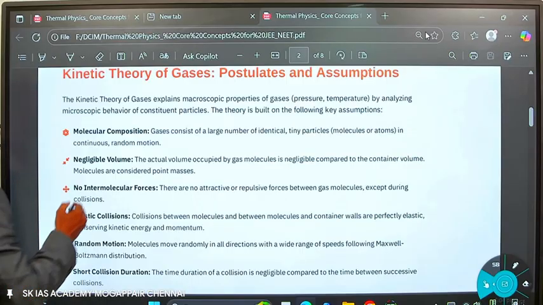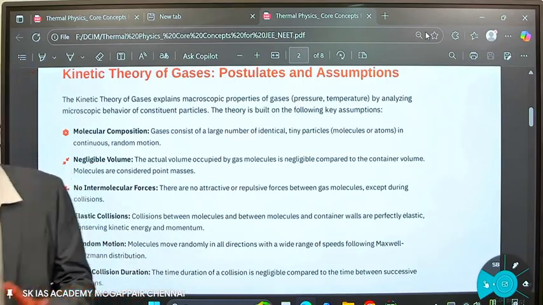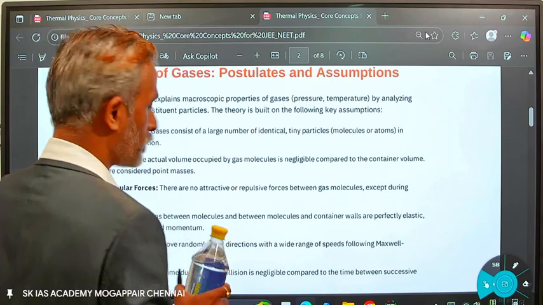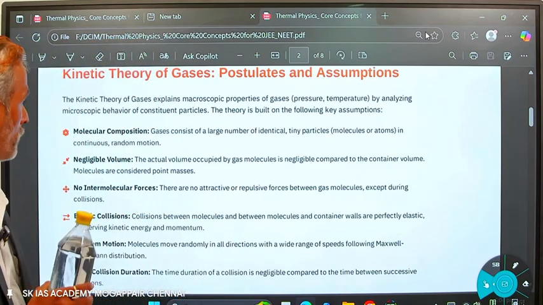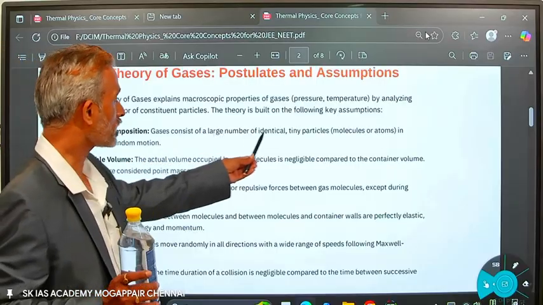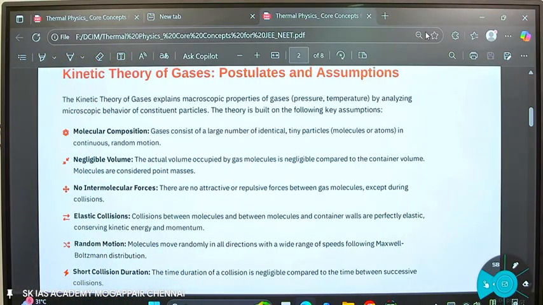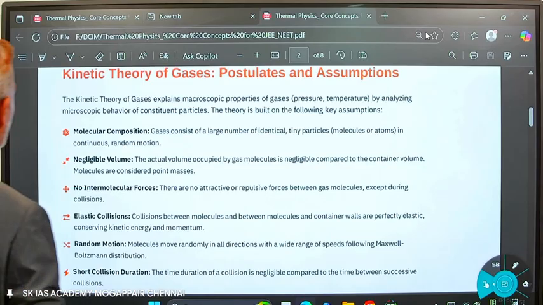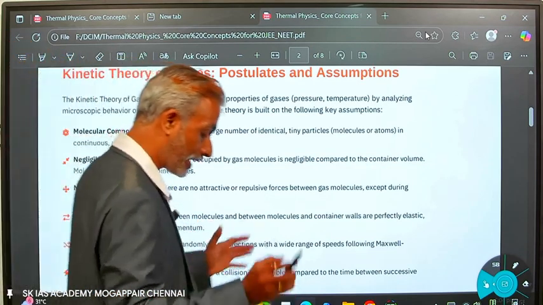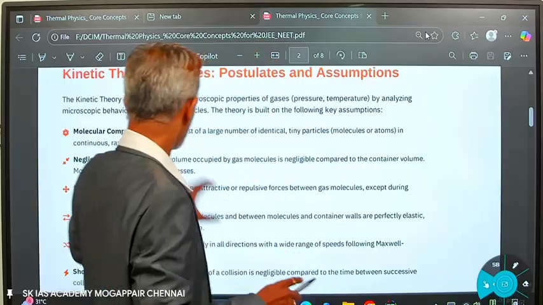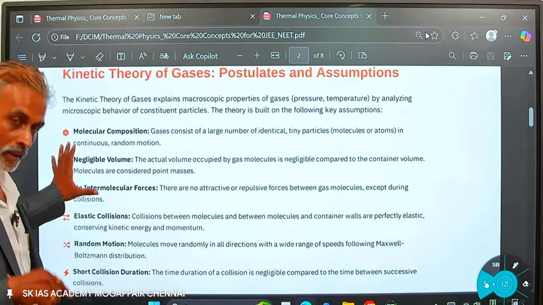Suppose you take a gas in a system. All molecules will be identical, and inside the system they are in continuous random motion. This is the molecular assumption.